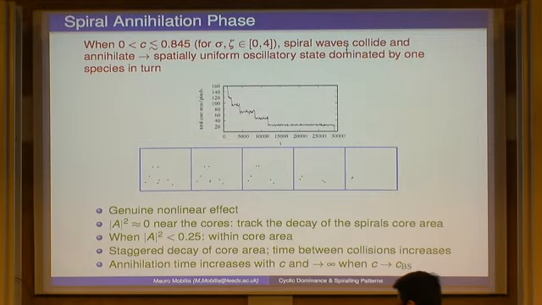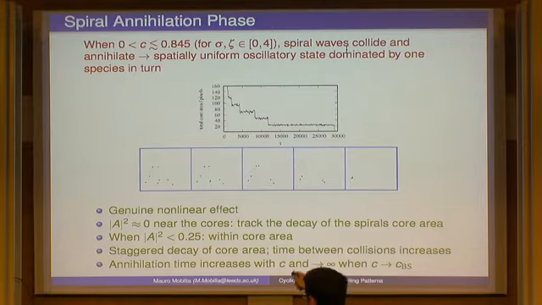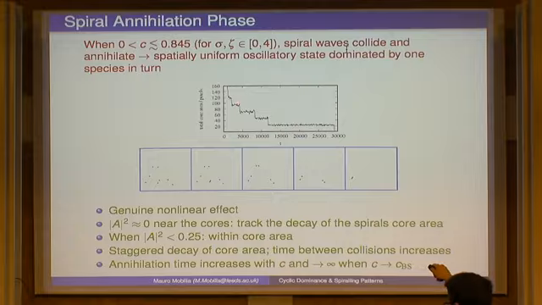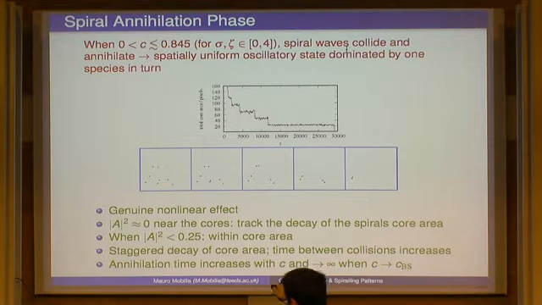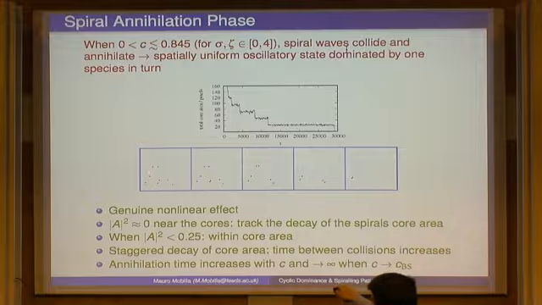We have tried with other values and obtained more or less the same result. And have observed that the decay of this core area has this form here. There is this staggered decay. So basically, what happens is shown here with these 4 pairs of spirals.